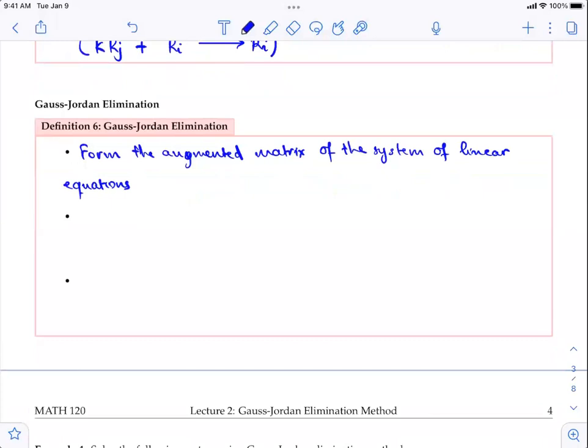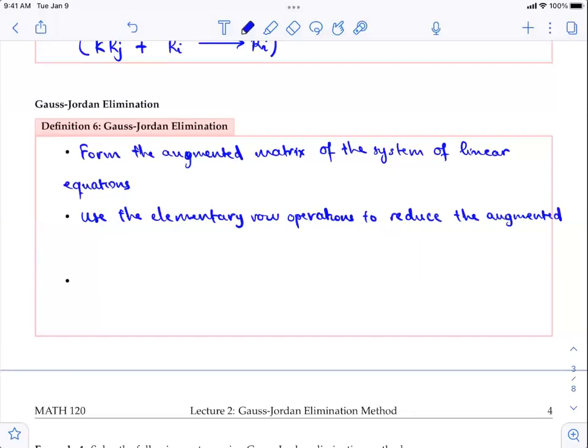And then after that, now you've got the augmented matrix. What you can do next is to use the elementary row operations to reduce the augmented matrix to reduced row echelon form.